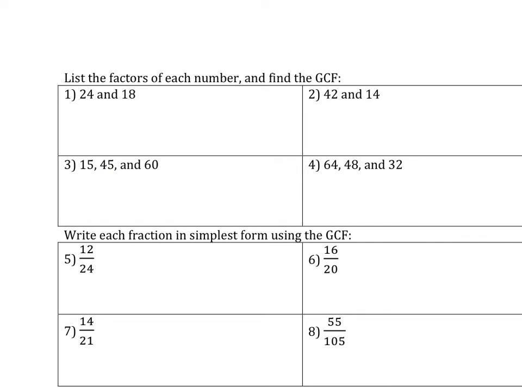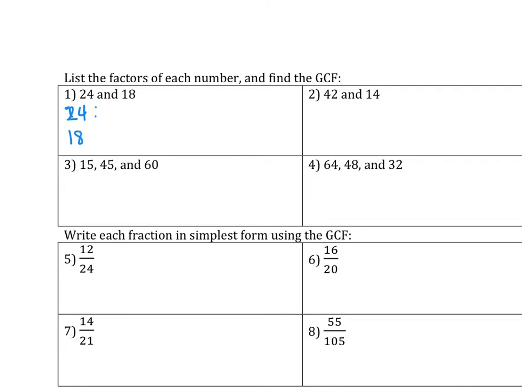We're going to do a few more examples to demonstrate this. So number 1, we want to list the factors of each number and find the greatest common factor. On number 1, we're going to find the factors of 24 and 18.